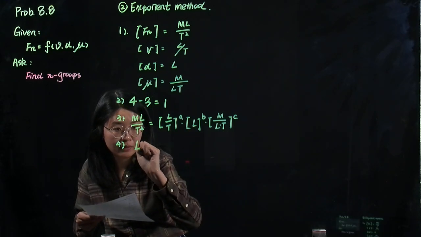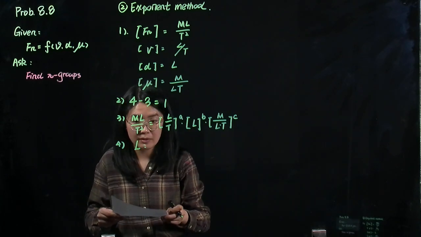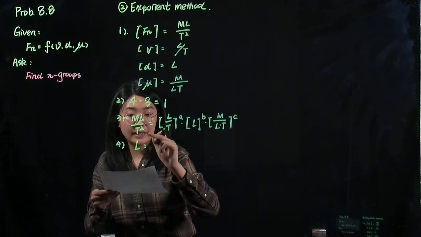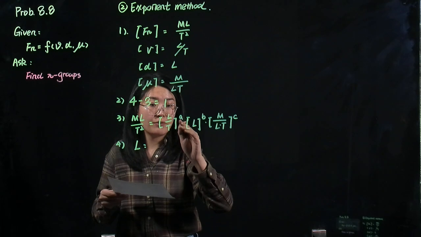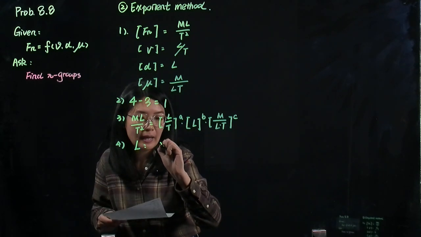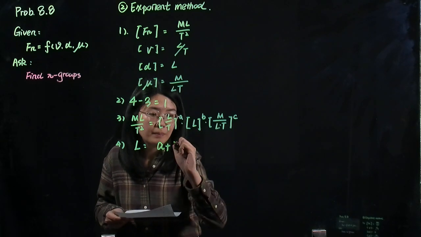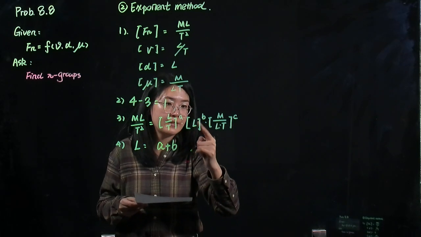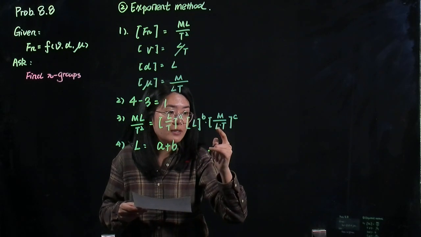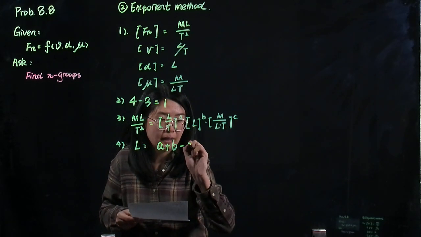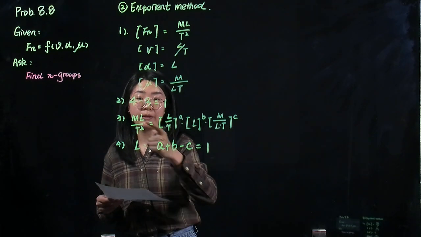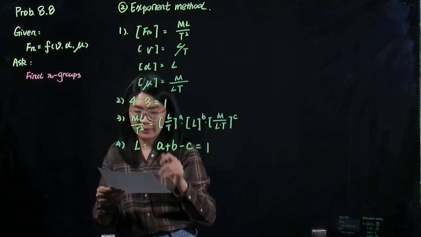So for the dimension L, on the left hand side the power equals 1. On the right hand side, for the first item its power is A, plus its power B for the second item. For the third item, because of the minus, it is minus C, and it equals 1, because on the left hand side its power is 1.